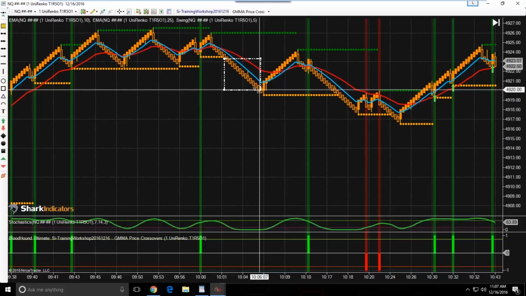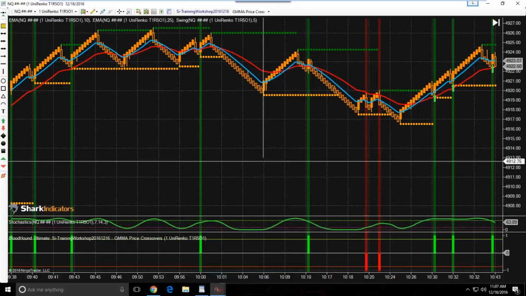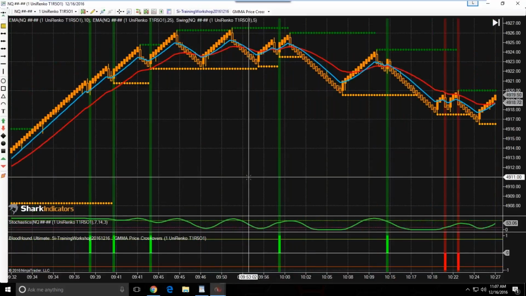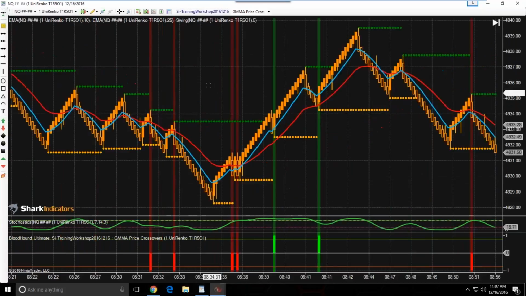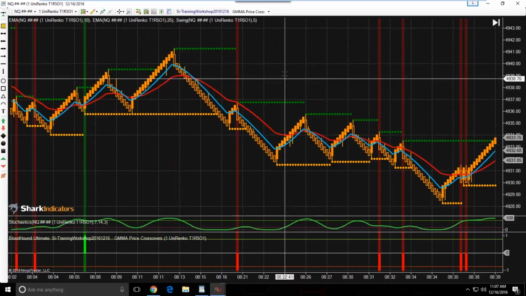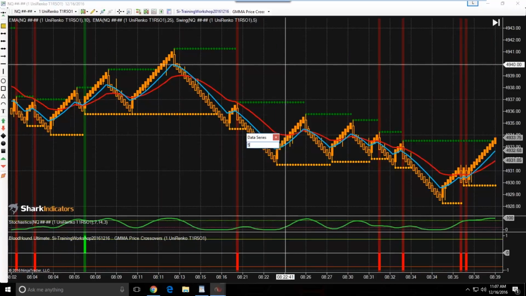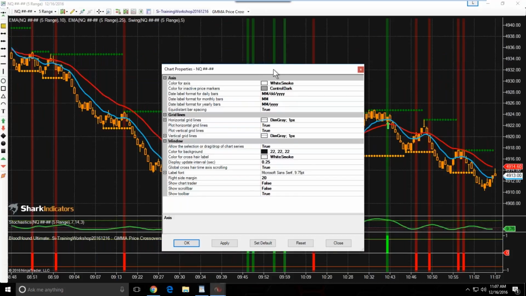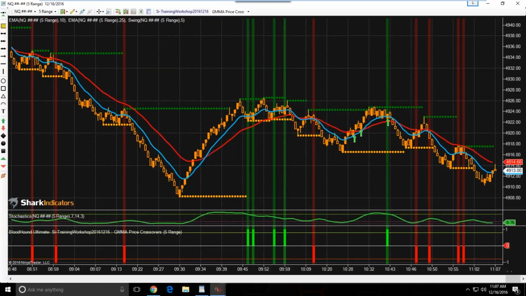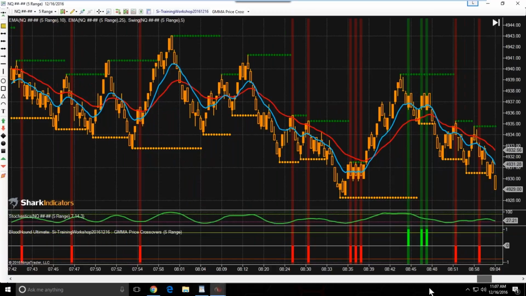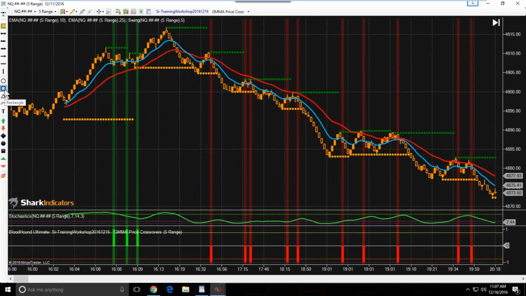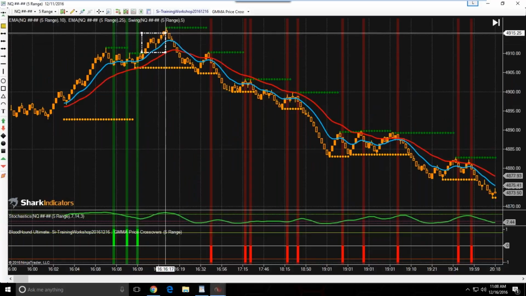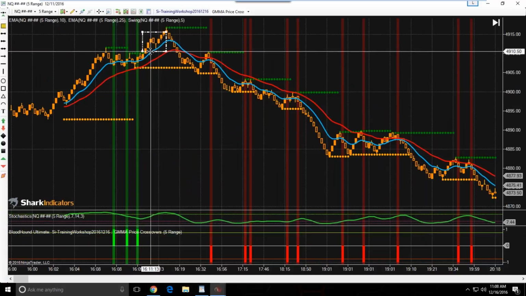Because BloodHound needs to know that. Actually, let me change my chart. If we go all the way back to the beginning of the chart here, we can identify that consolidation has ended there, right?